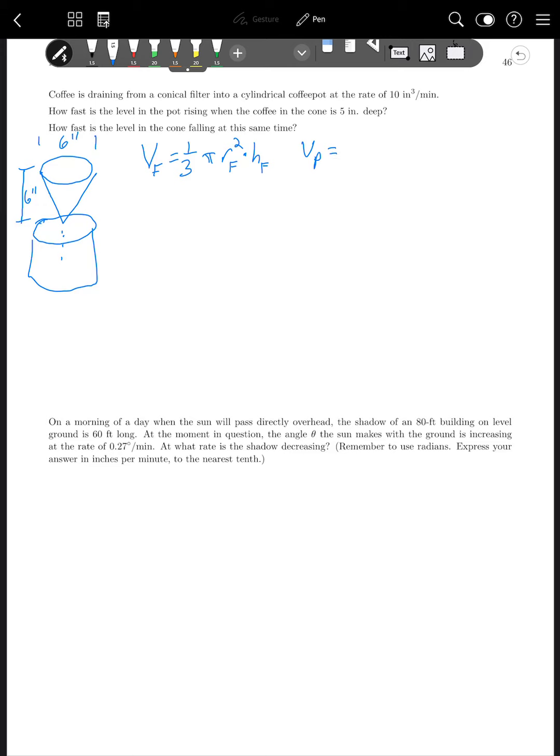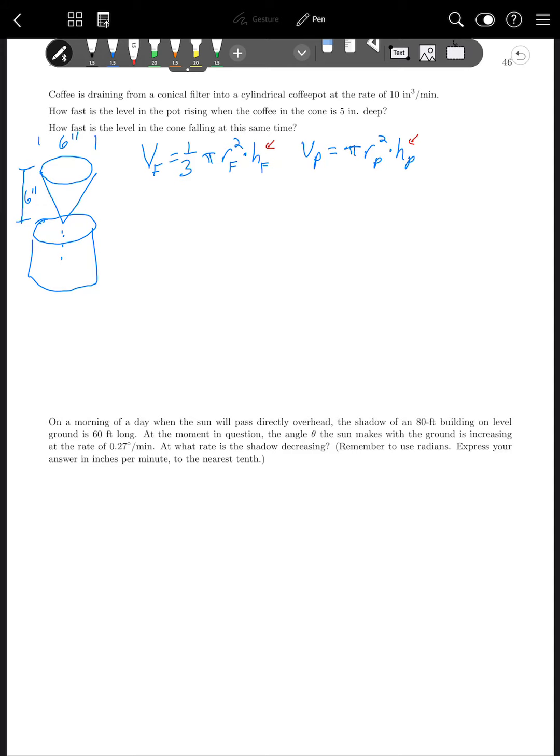V sub P is pi R sub P squared times H sub P. And what we're looking to figure out is how fast these H's are changing.